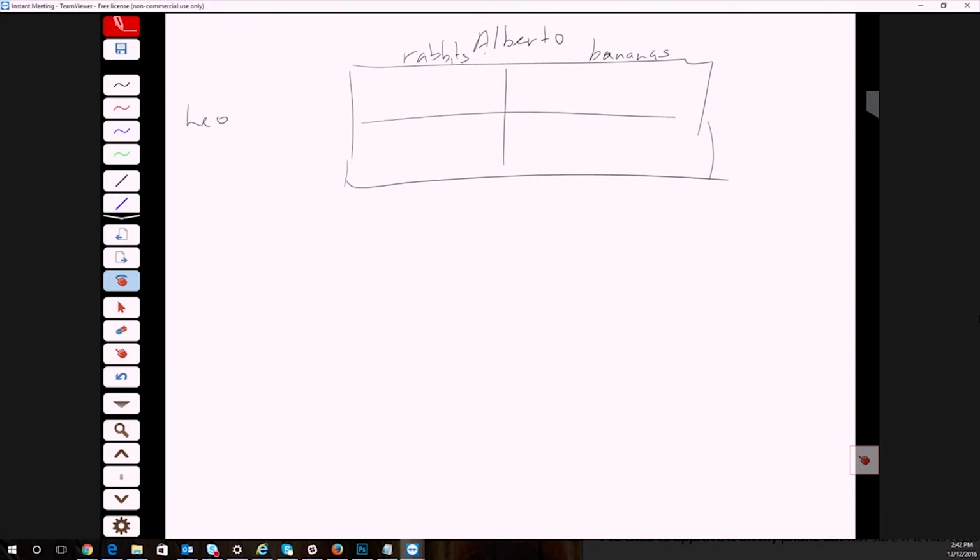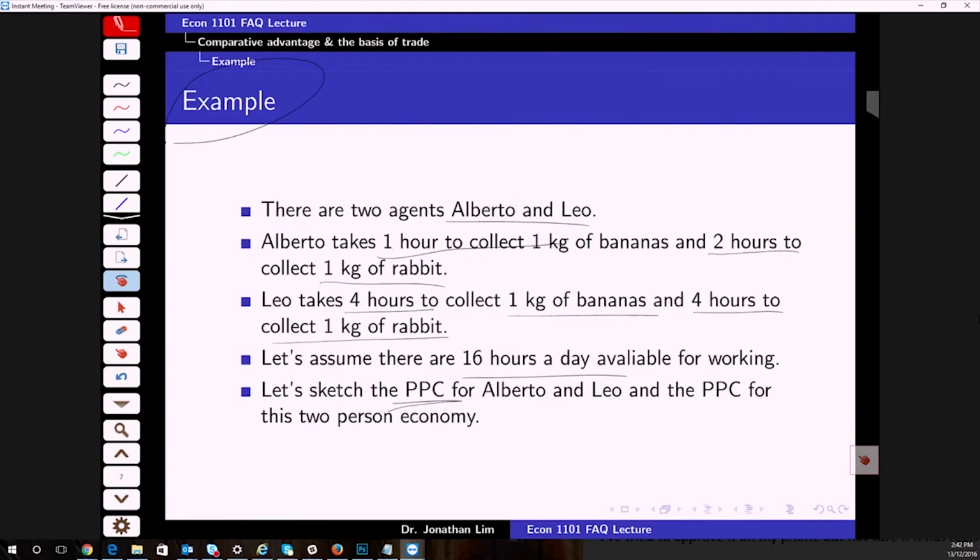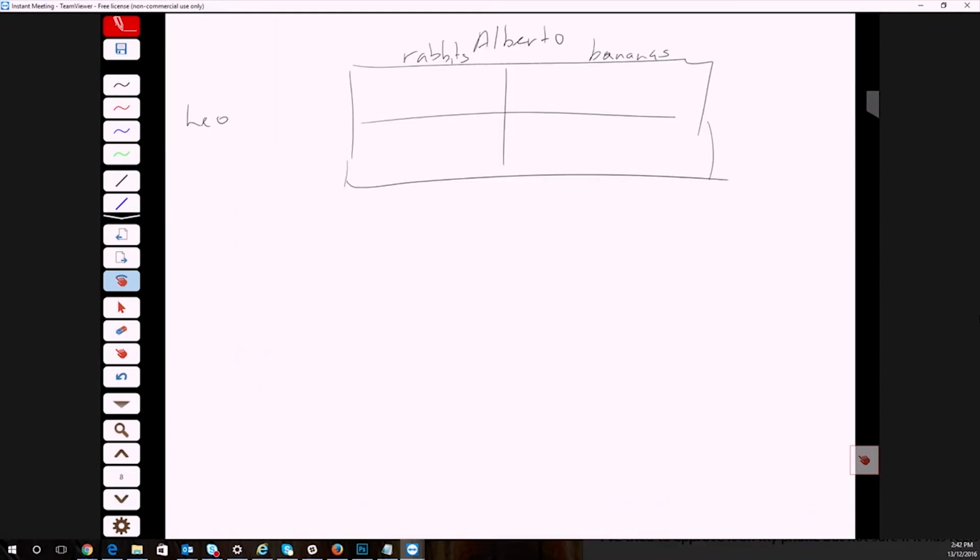If you think about Alberto, he will take 2 hours to collect a kilo of rabbit, and Leo will take 4 hours. Alberto will take 1 hour, and Leo will then take 4 hours. So that's what we do know.